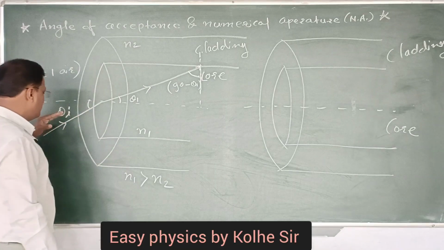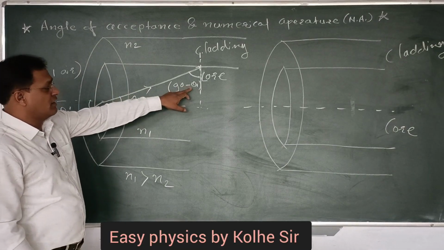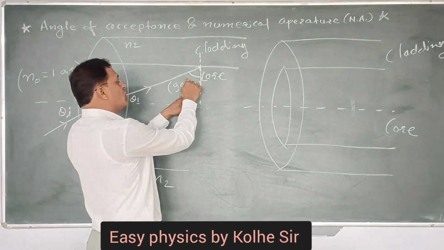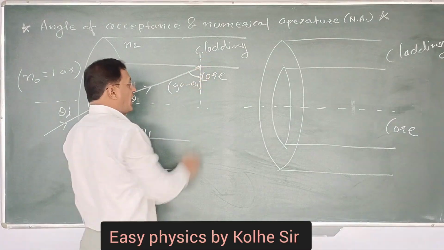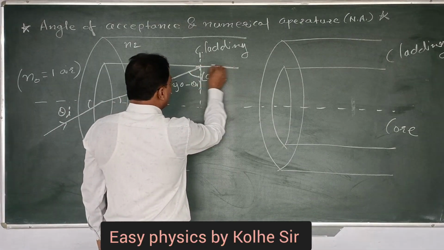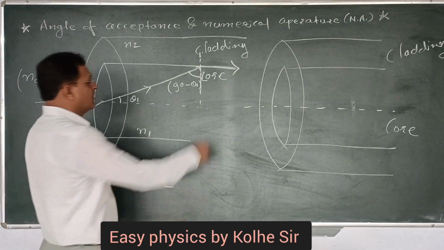So we adjust this incident angle such that the incident angle at the core and cladding interface is equal to the critical angle. Then what happens? The ray of light is refracted at 90 degrees.